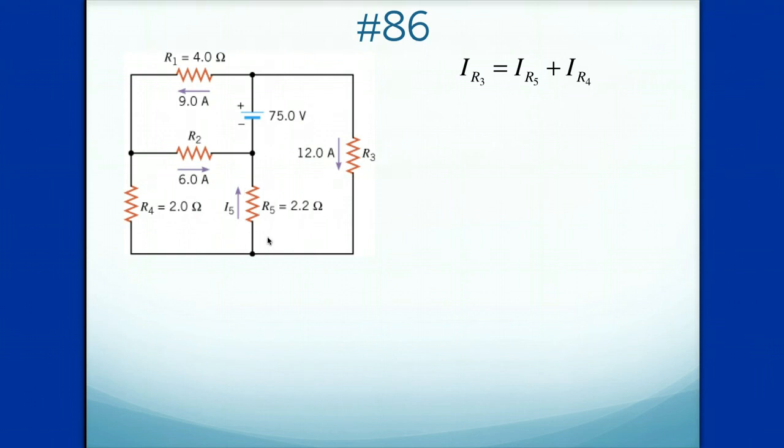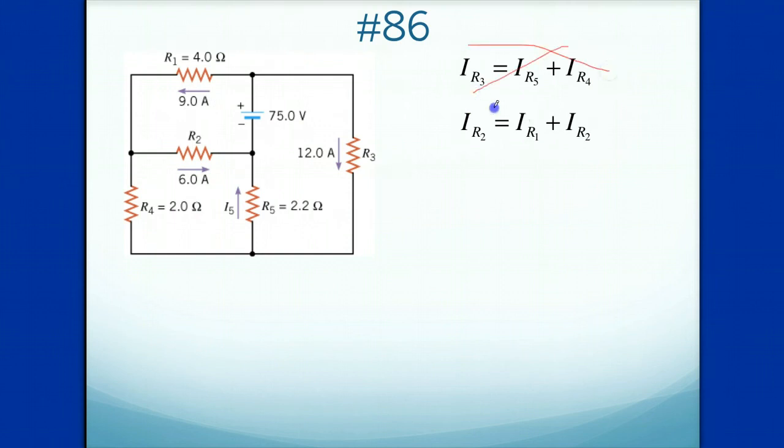If that is how it happens, that means that current through R4 cannot go through R1, but it probably goes through this, and then this guy comes in. But then it does not make sense because this is only 6, and I'm saying that something came in and another 9 came in.